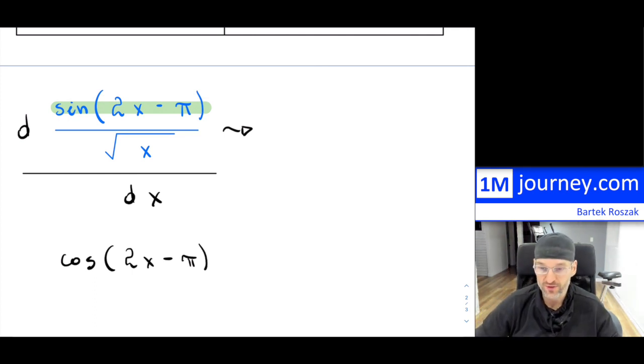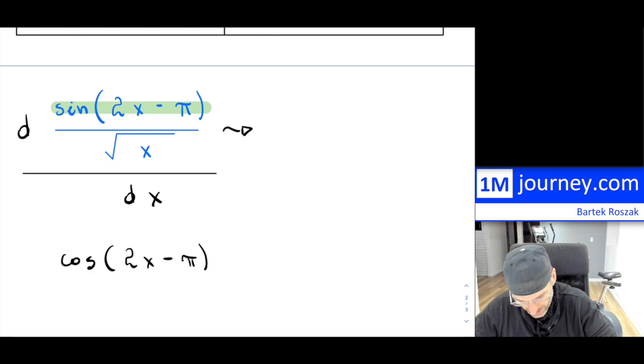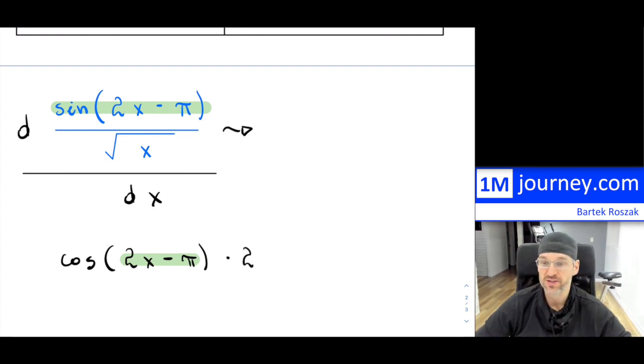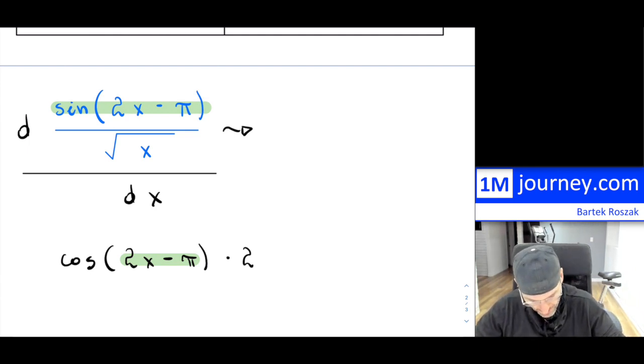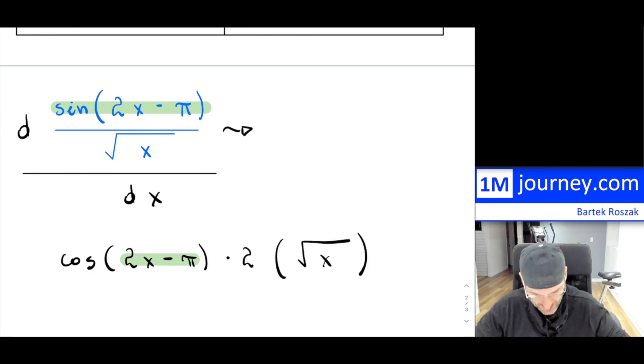But you have to use now the chain rule to find out what the derivative of the whole thing is as well. So that is going to be multiplied by 2 because the derivative of 2x minus pi is just 2. And now you're going to be multiplying this by the actual square root of x. So that is the first part. So I'm going to be using the quotient rule there.